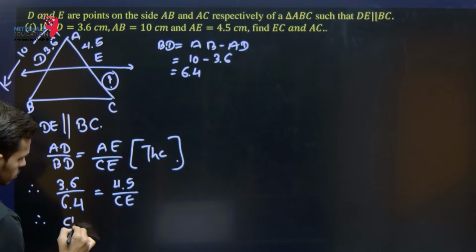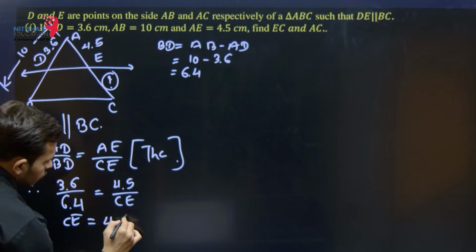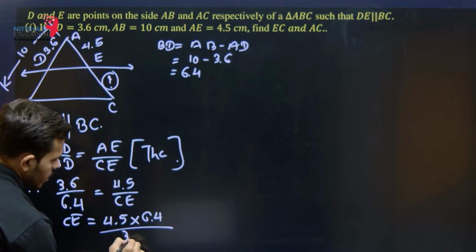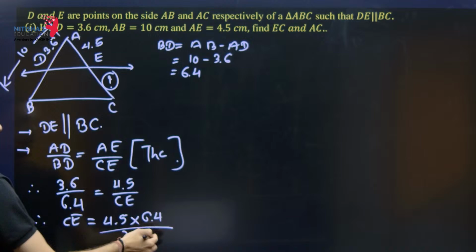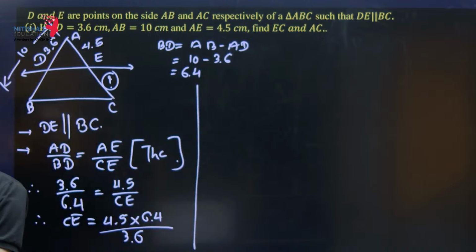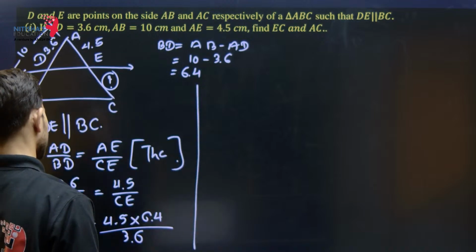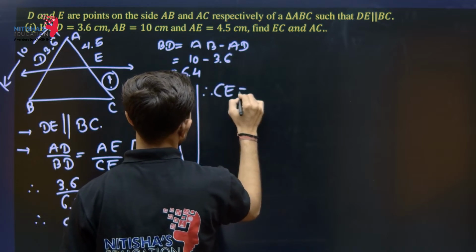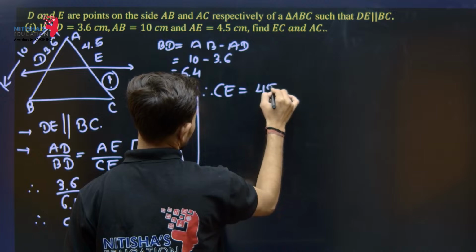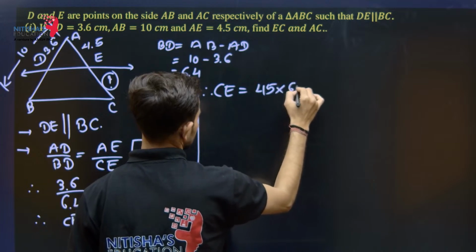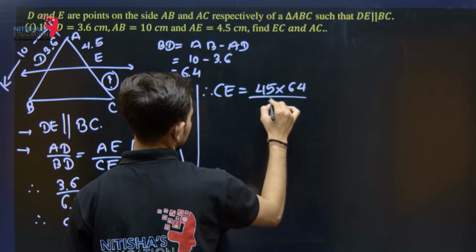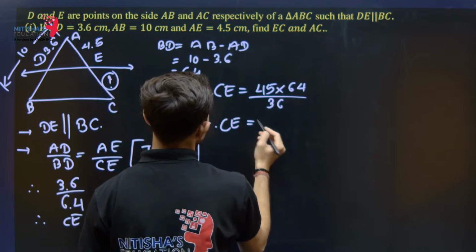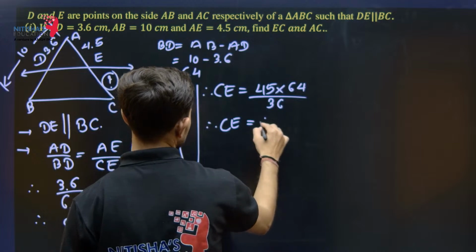So CE is equal to 4.5 into 6.4 divided by 3.6. Here all the numbers have one decimal place, right? So we can eliminate the decimal, which is 45 into 64 divided by 36, right? So we get CE as 8.